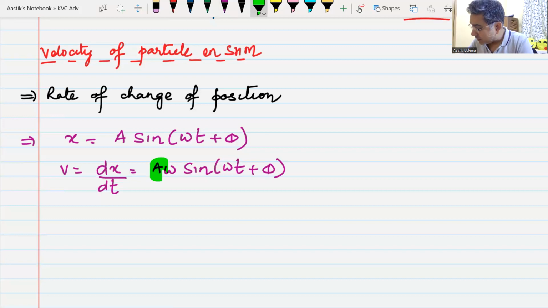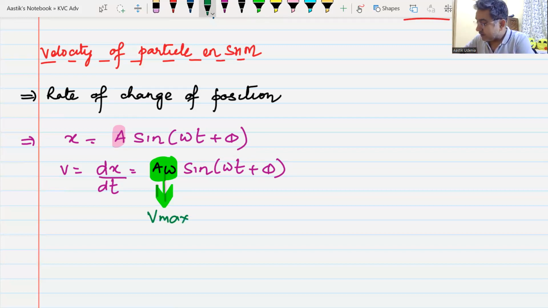Now this A into omega, this A was the amplitude of displacement, or the maximum value of displacement. So what is this A omega? This would be your maximum velocity.